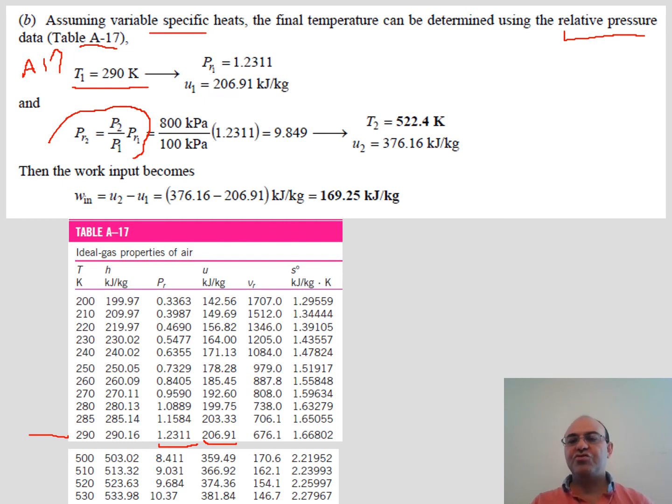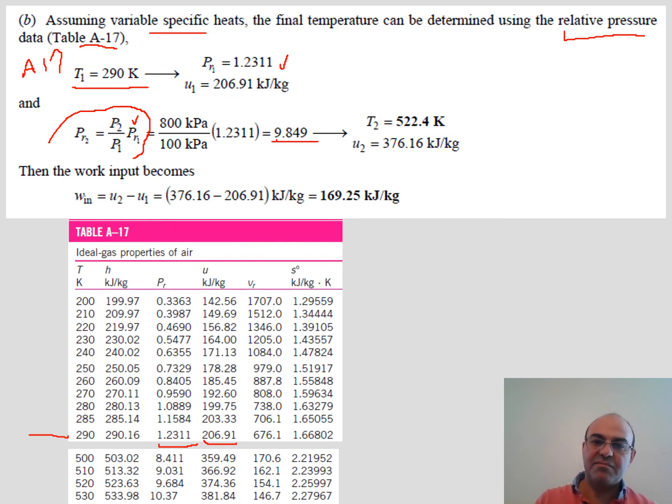If you do not understand it, go back to the lectures and lecture notes. So the exact analysis tells us that the ratio of P2 over P1 between two states is equal to the ratio of the relative pressures. Because we have P1 and P2 and we have Pr1 from here, we can go ahead and find Pr2.